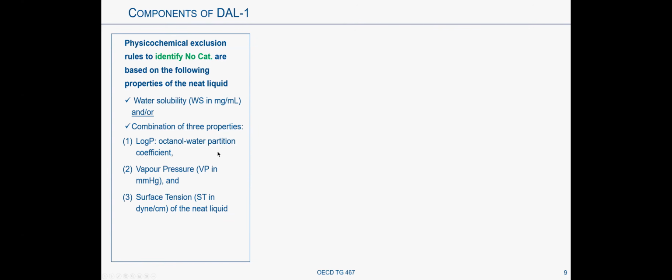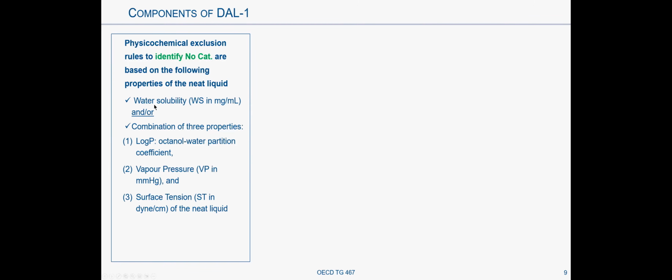We will first focus on the components of the DL1. So we use physicochemical exclusion rules to identify no-cat. And they are based on the following properties of the neat liquid.